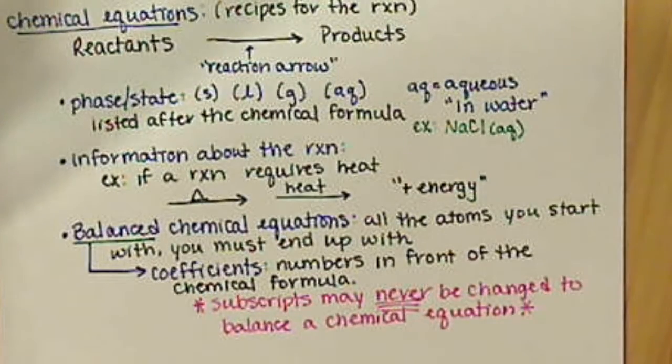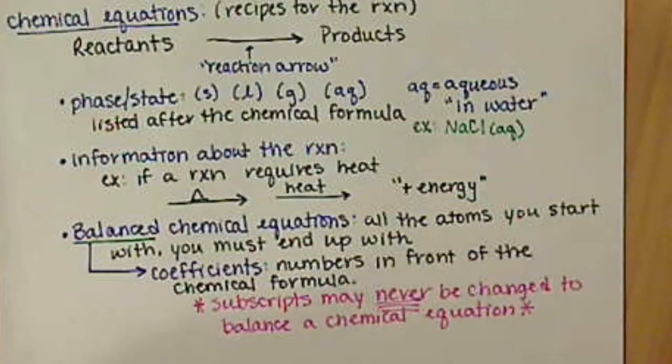But once we've established what chemicals we've started with and what chemicals we've ended with, we can't change those subscripts. Okay, those are what they are, because if we change the subscripts, we're not talking about the same chemical. So once we've established what our reactants are and what our products are to balance our chemical equation, that's where we use our coefficients. Okay?